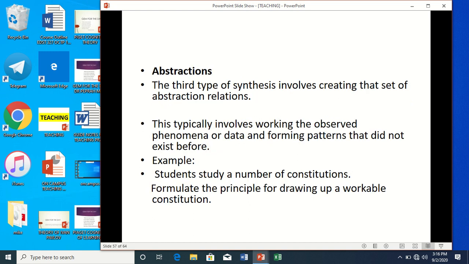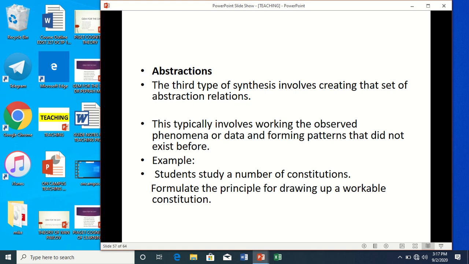So there are abstractions. The third type of synthesis involves creating a set of abstraction relations. This typically involves working with a phenomena or data and forming patterns that did not exist before.